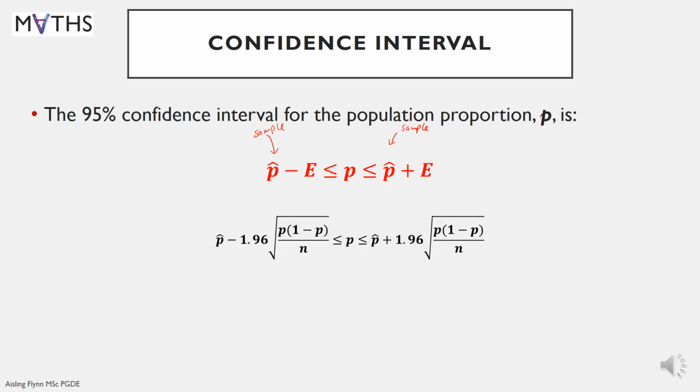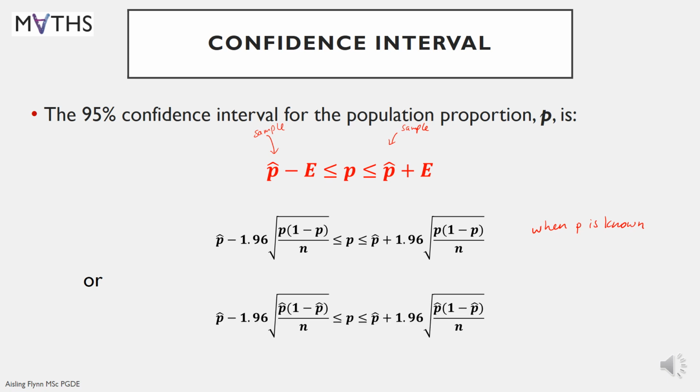And filling in for the error, this is what we get, and we use this version when p is known. And when we don't know p, which is often the case, we'll use p hat instead. It's a best approximation when p is not known.